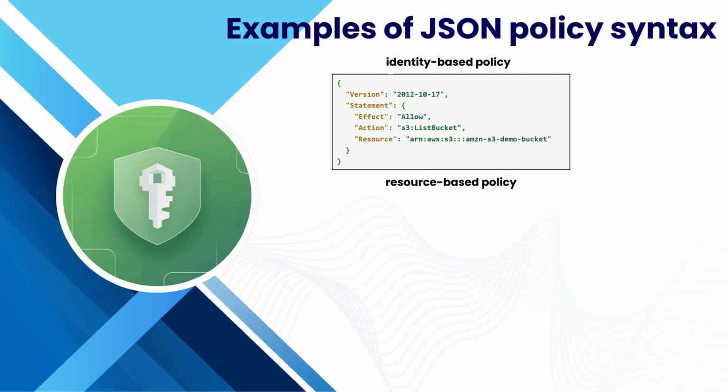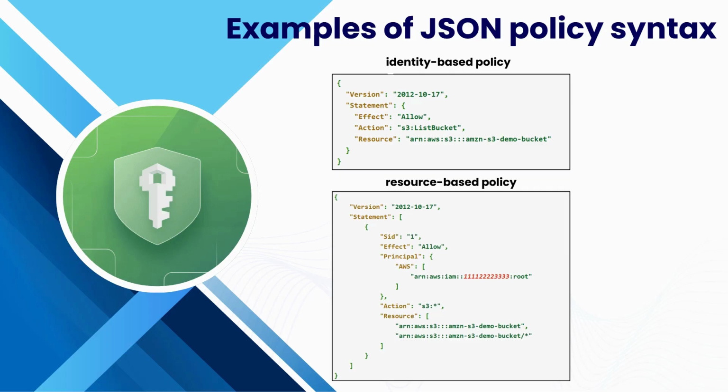Now, the following resource-based policy can be attached to an S3 bucket. This policy allows members of a specific AWS account, being that one, it's just 111.222, etc. Obviously just a practice account number, but if you're doing it for your account, you obviously put your AWS account in there.